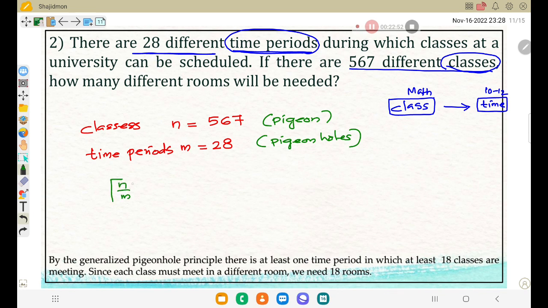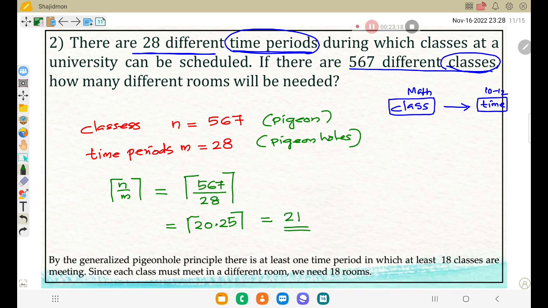Ceiling function n by m equals ceiling function 567 divided by 28. You will get 20.25 on your calculator. Ceiling function 20.25 means the next number, that means the integer 21.